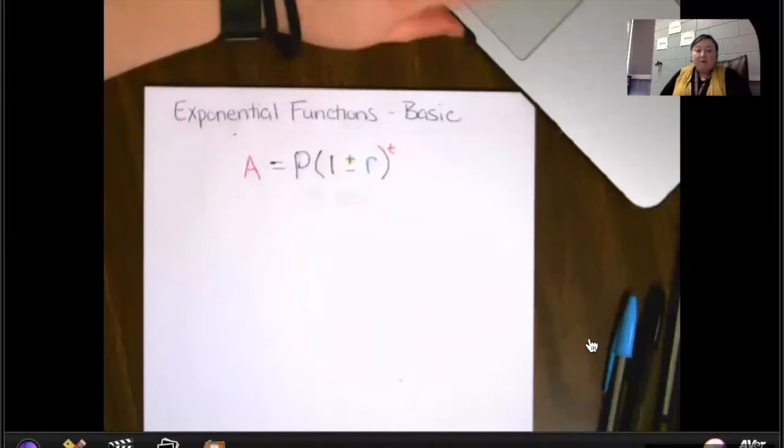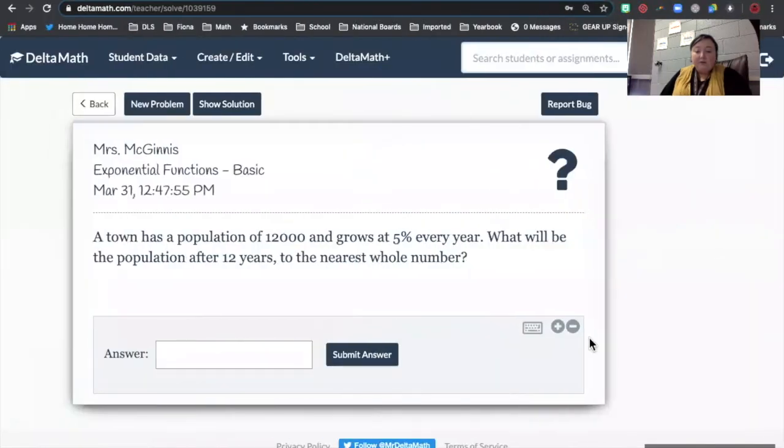So when we come back and look at our example, we are looking for those values. First off, looking for our principal. It says a town has a population of 12,000, so 12,000 is going to be our principal.